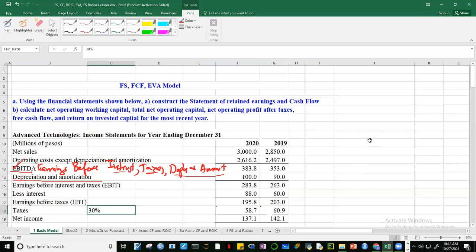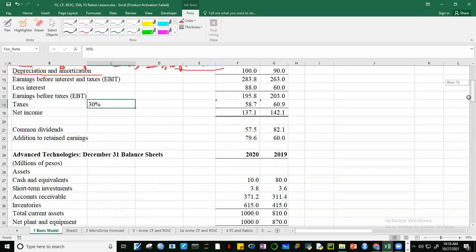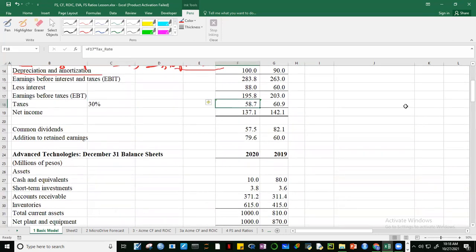So a while ago we used 30% here. I type 30%. When the tax rate changes, then I have to change each and every one of them. But here, if I change this, for example, into 35%, automatically everything changes here because this is linked to your tax rate, and your tax rate is 35% this time.